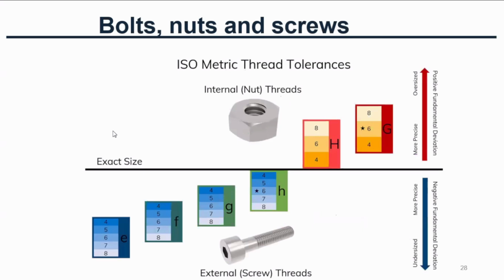It indicates precision levels: the tighter the tolerance, the more precise the thread. So tolerance positions are indicated using capital H, capital G, and simple g, f, e, likewise.